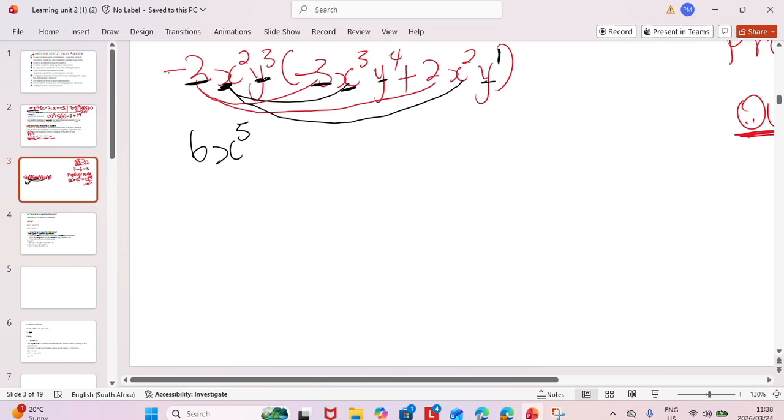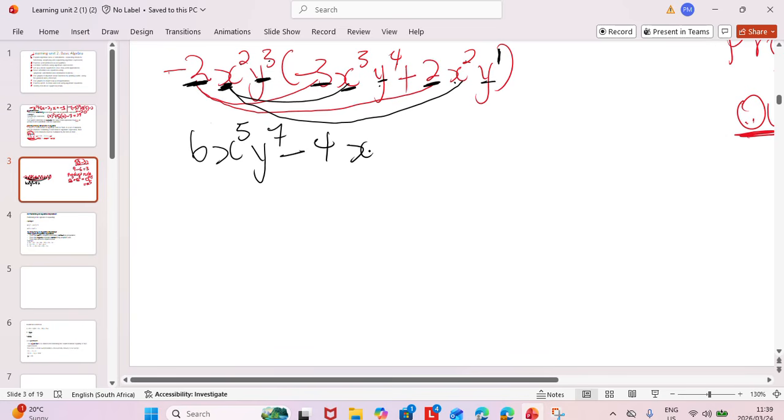Then we move to y. y to the power of 3, y to the power of 4. You add the exponents, then you'll get 7. Then let's proceed. Minus 2 is now multiplying again another numerical value, a positive 2. So you're going to get a negative 4. x to the power of 2 multiplied by x to the power of 2.